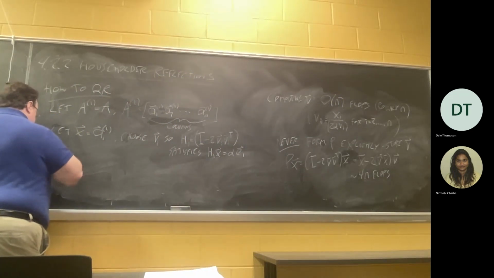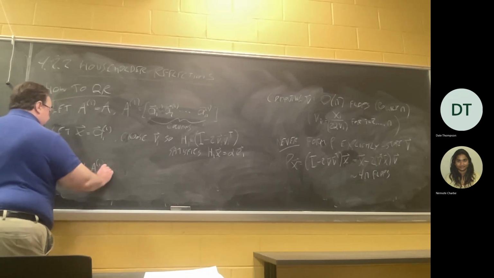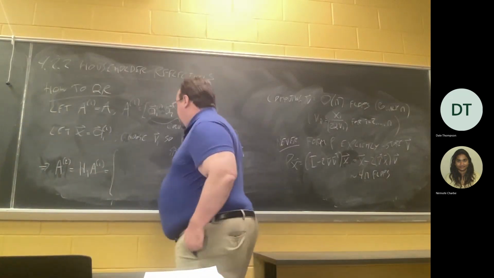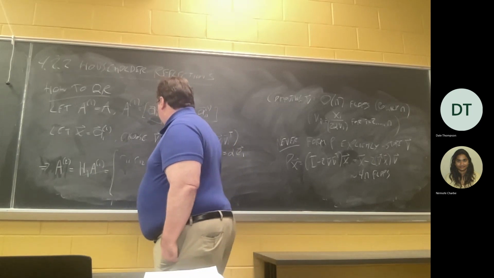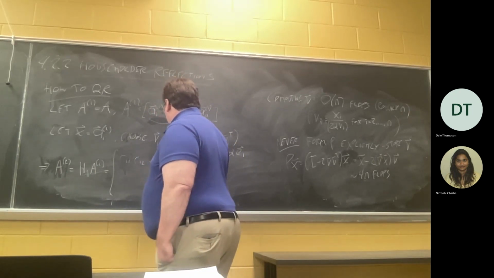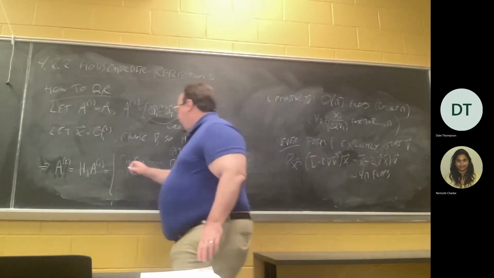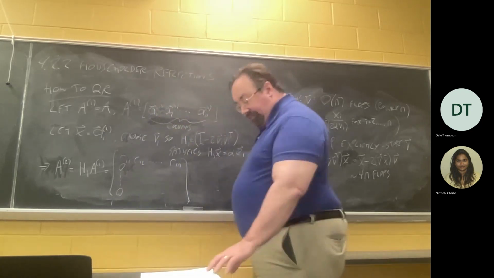I'll find a new matrix called A2, that is H1 applied to A1. And what we get is the first row, which is actually going to be the first row of the R matrix that we're after in our upper triangular form. The rest of the first column is 0.